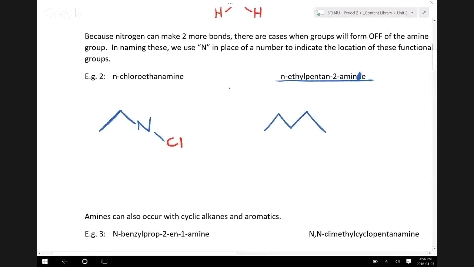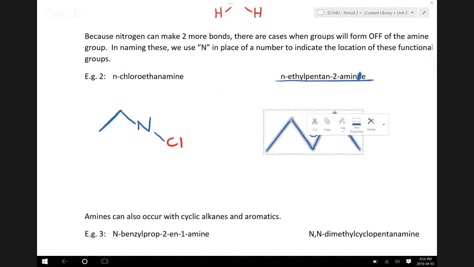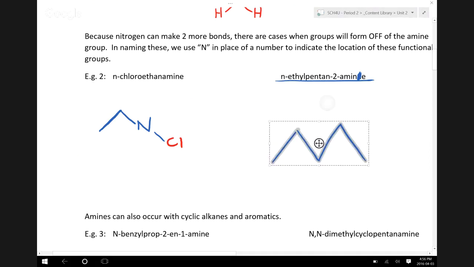I might go that a little bigger actually. 2, 3, 4, 5. Just like that. And in this case, we're being told that carbon 2, put that down a bit. I really didn't plan this well at all. There we go. Carbon 2 has an amine group on it.